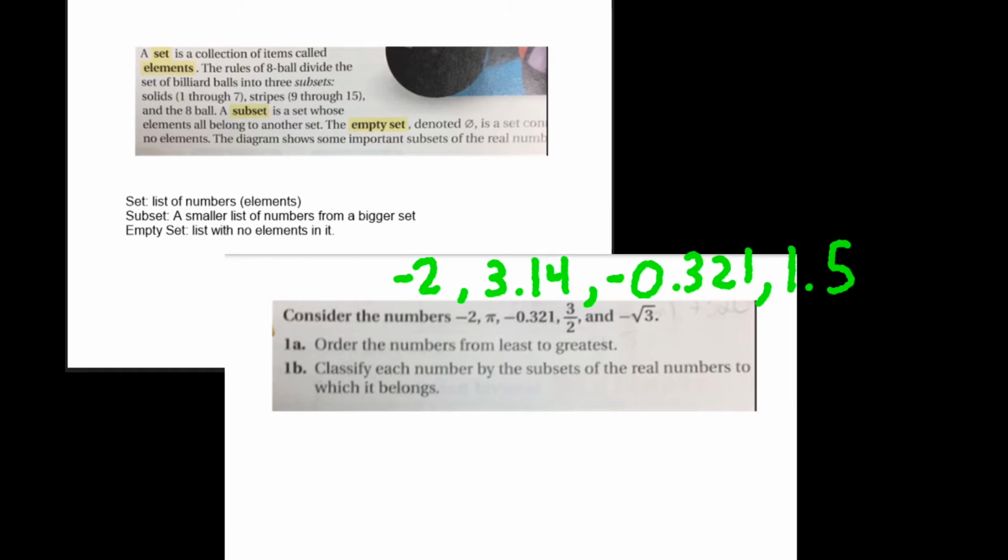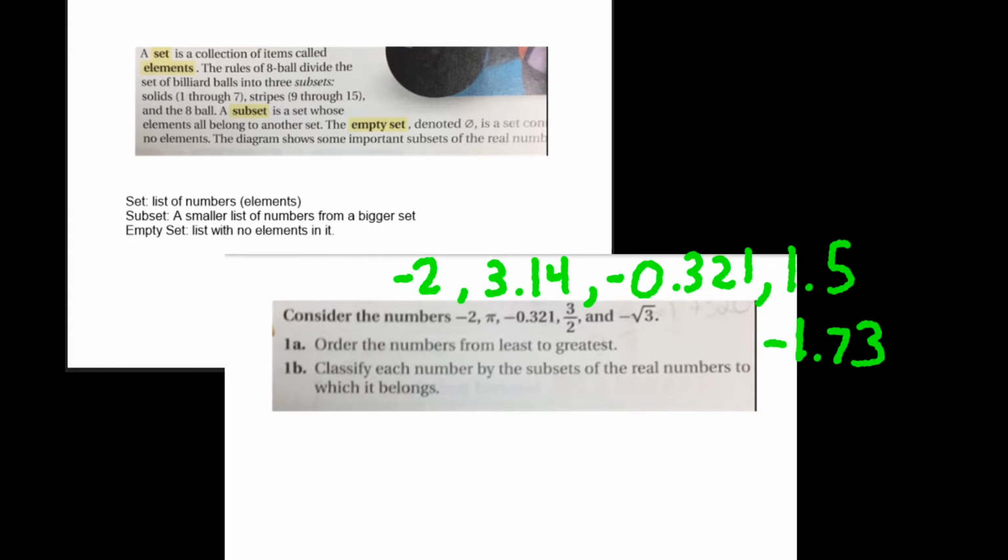And then -√3. That's the one that we're not going to know off the top of our head. So if we type it into our calculator, we end up with -1.73. And now that we have all of their decimal equivalents, we can easily order these from least to greatest. Take a look at the numbers that we have.